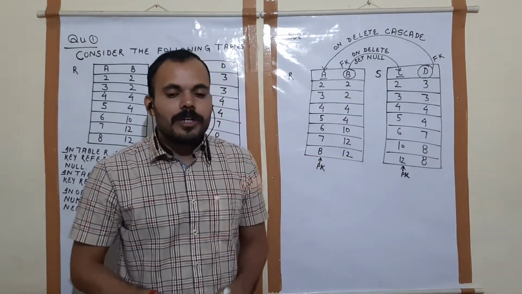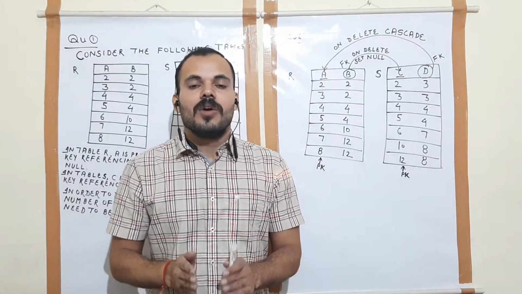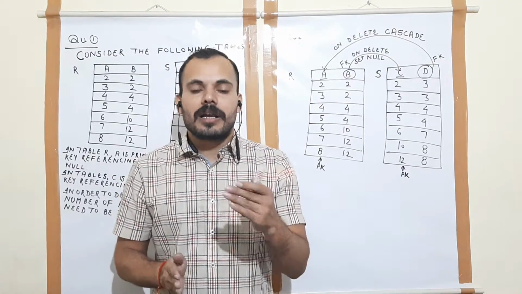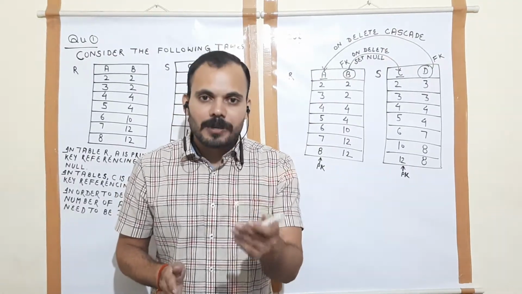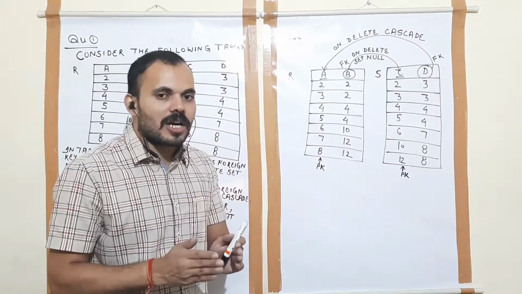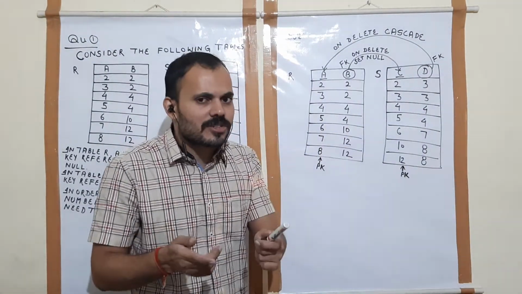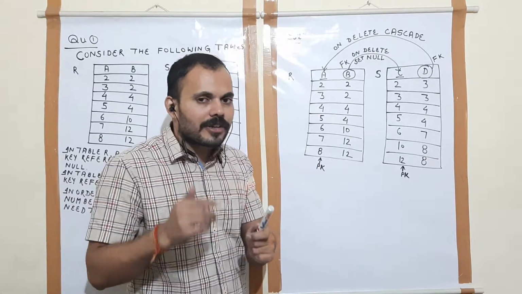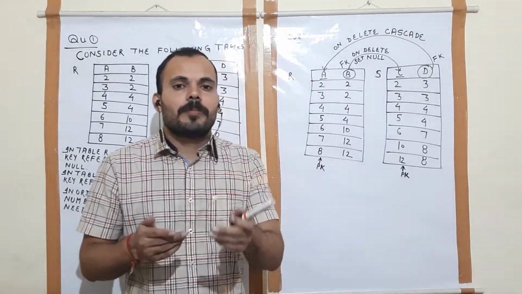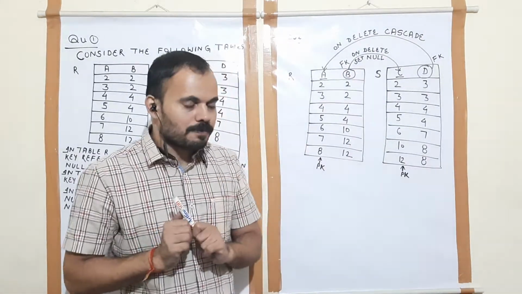We know that foreign key is the set of attributes which references to primary key or alternative key of the same relation or other relation. As it is given in the question, B is the foreign key and it is referencing to the relation or table S, means it is referencing to the primary key or alternative key of the table S.